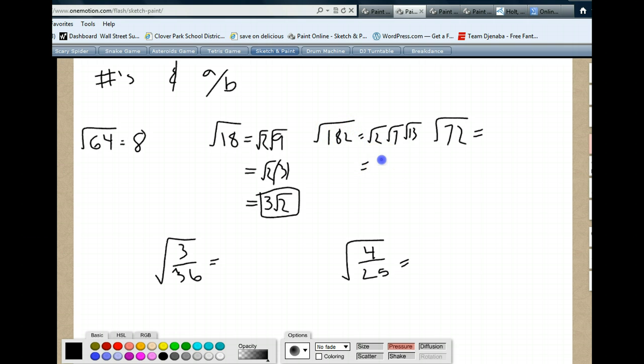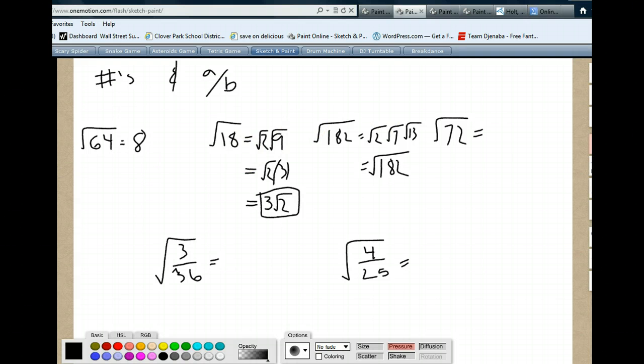What I'm looking for in a simplification is something squared or something raised to a higher power other than 1. And we'll get that with the next problem, which is 72. But I wanted to show different cases.